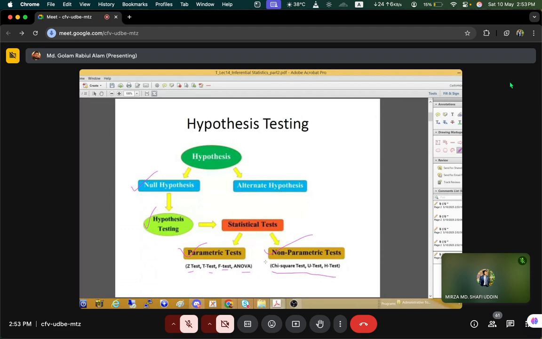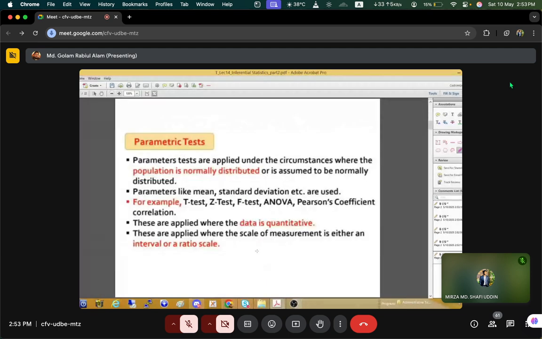If we want to explain a little more detail about parametric and non-parametric tests: the parametric test is usually applied under the circumstance where the population is normally distributed. We assume that the population is normally distributed. If that is the case, then we apply the parametric test.